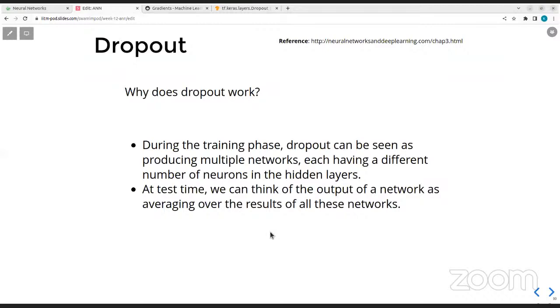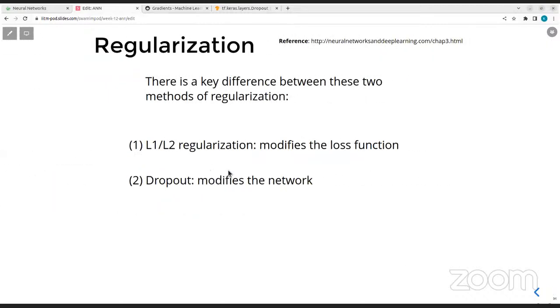The one thing you need to remember is that the L1 and L2 that you are used to so far modify the loss function, whereas dropout is a form of regularization that modifies the model itself, the network itself. So dropout doesn't touch the loss.